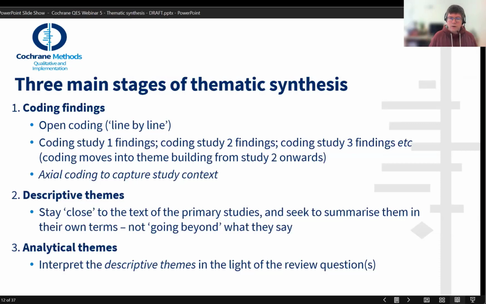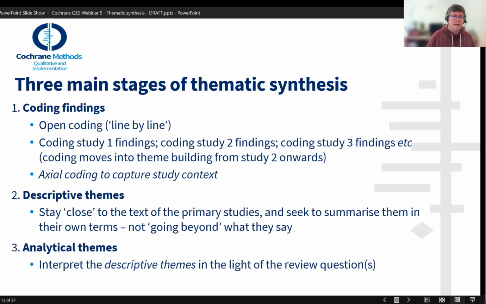We're not trying to interpret them particularly, we're trying to translate them into one another, which is a really important concept. So where they're saying the same thing but in different words, we want to make sure that we say these people are saying the same thing as these people, they've got the same experiences here, and we're not trying to go beyond what they say, we're just trying to make sure that we understand the range of themes within the data set.